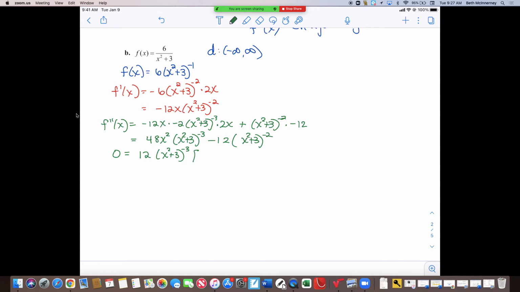So then that's going to give me what? 4x squared minus the quantity x squared plus 3.